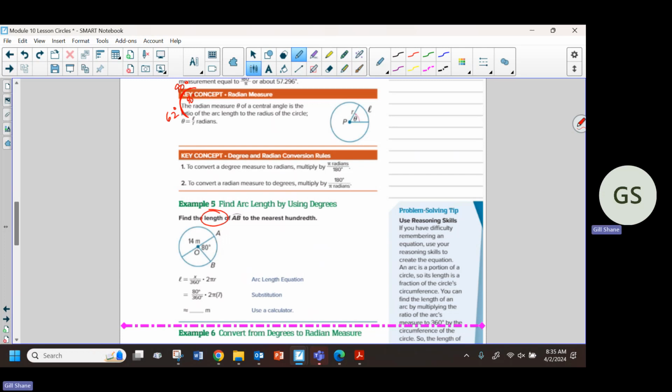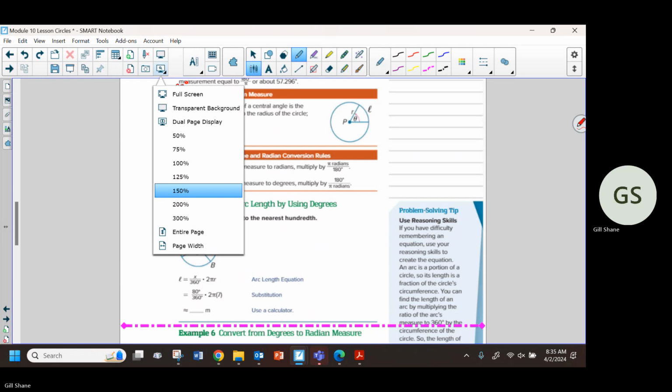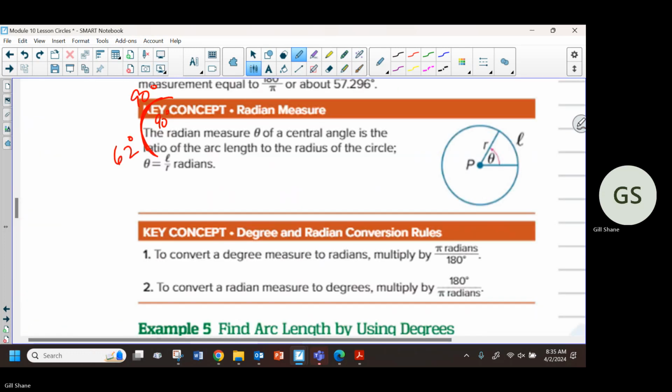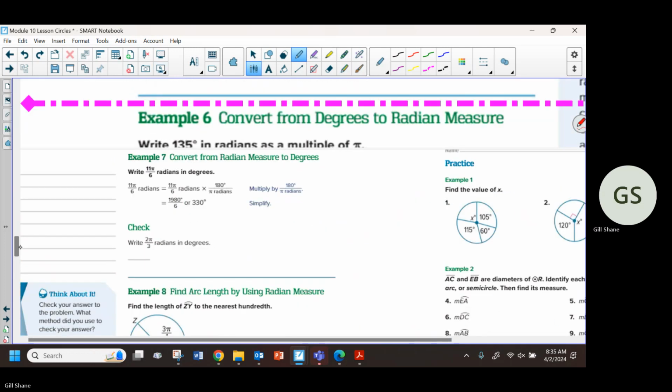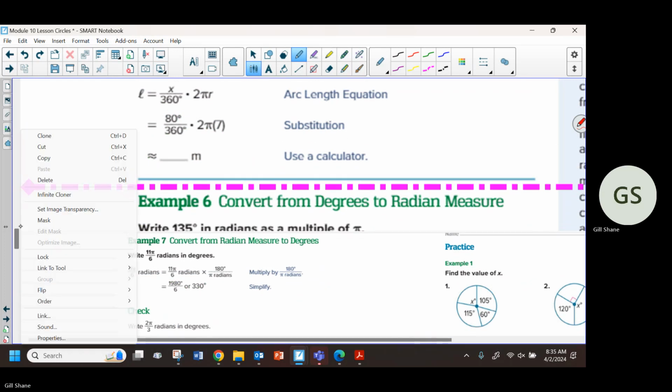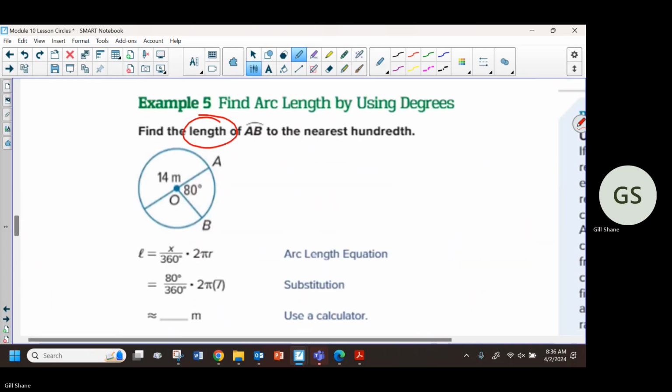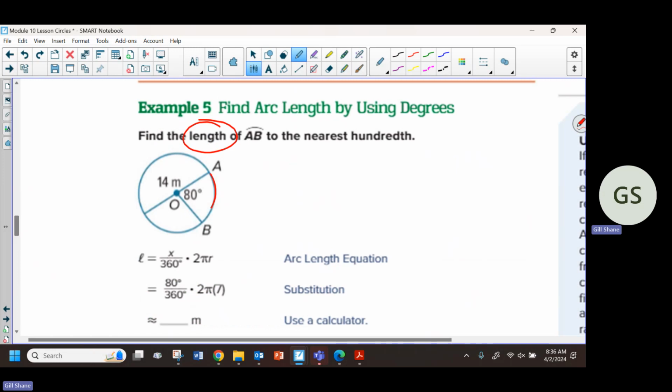So with that in mind, I know that this 80-degree arc takes up a percentage of the circle. What percentage would you have guessed beforehand?